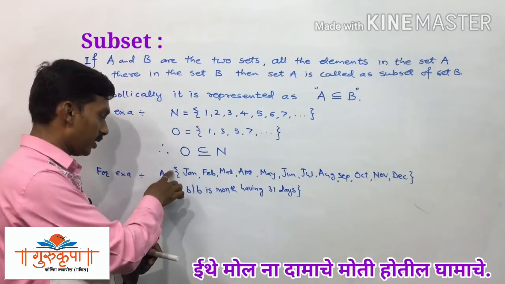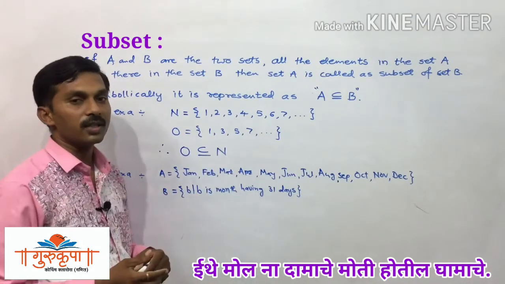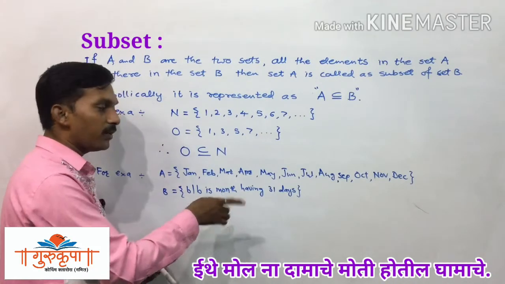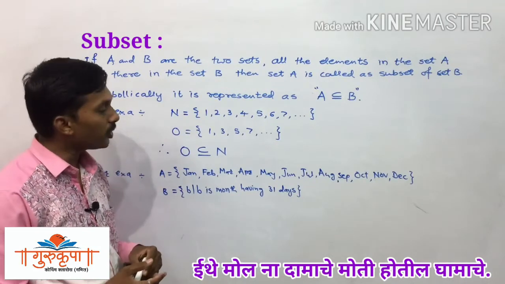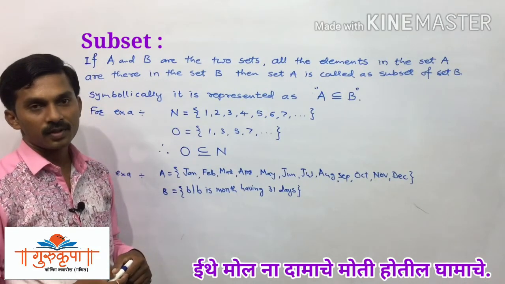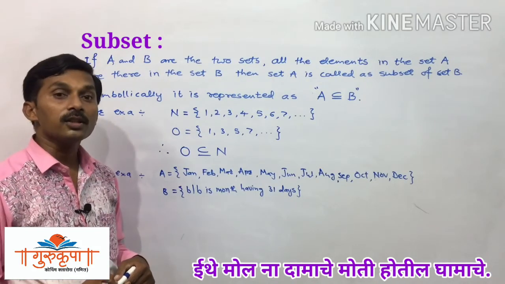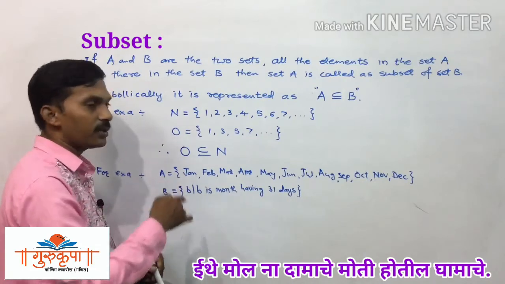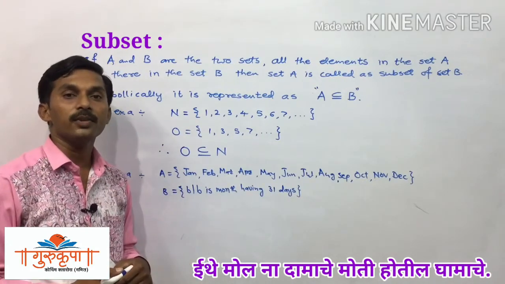Here A is the set of all the months in a year and B is the set of the months having 31 days. Now we have to take the months which are having 31 days. The months including 31 days, here we have to write in the set. Here the set is represented by using the rule method or set builder form.